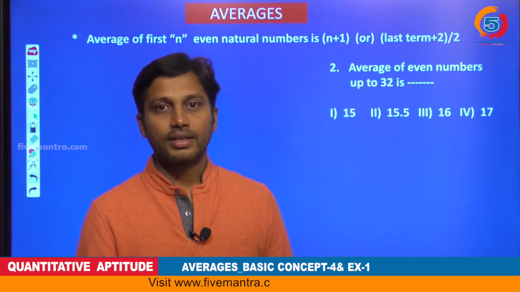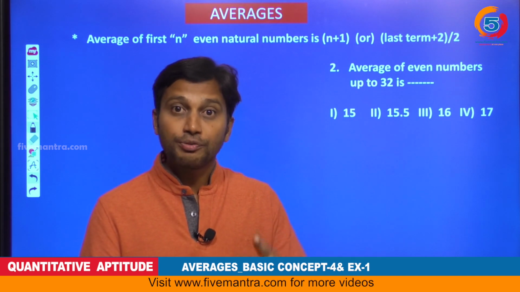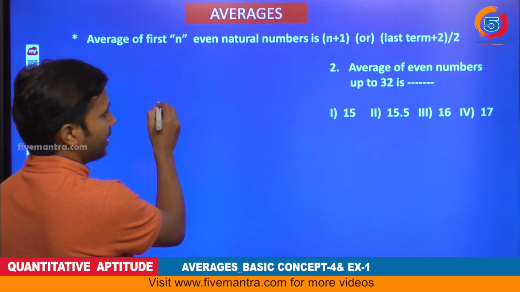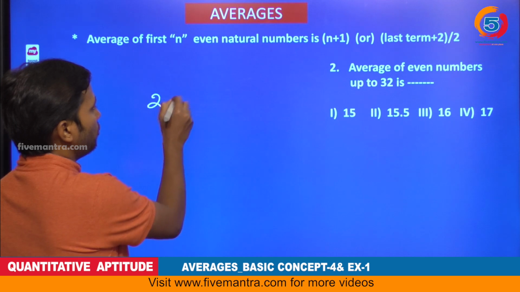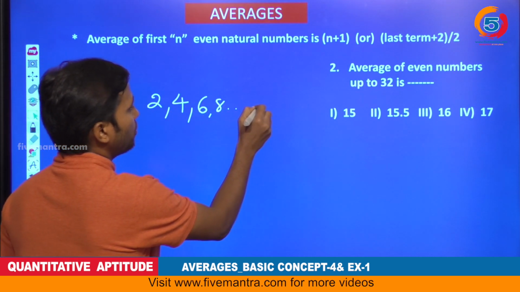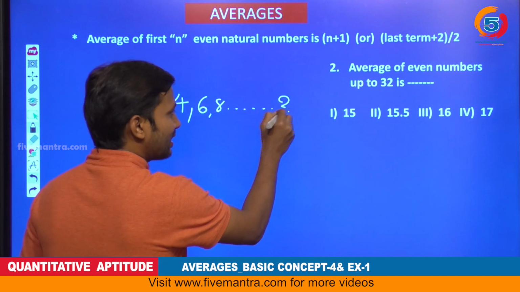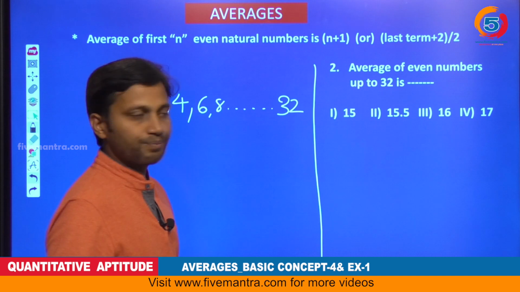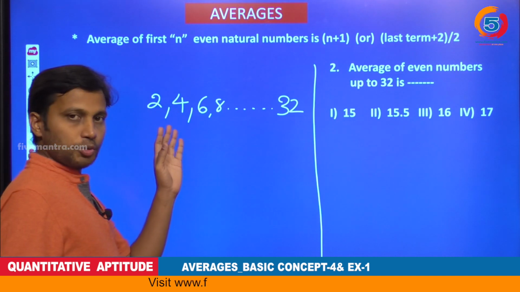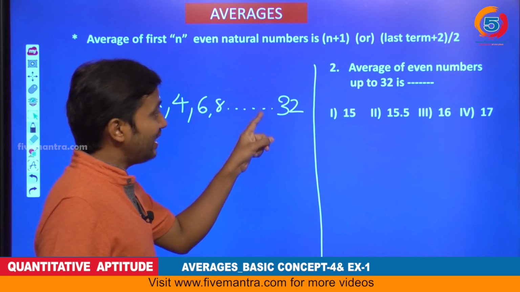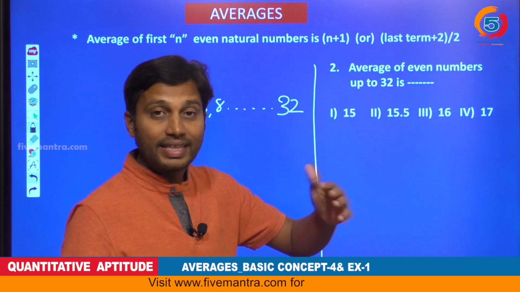Not the number of terms. They said up to 32. So what does it give as the meaning? We started from 2, 4, 6, 8, so on till 32 comes. We continued it till 32 is obtained in that series.